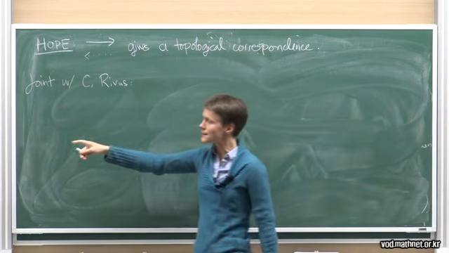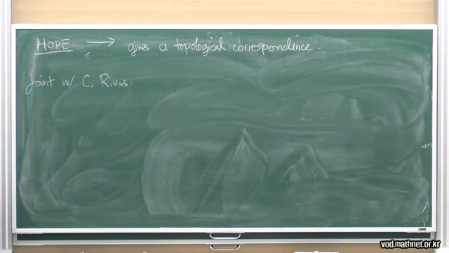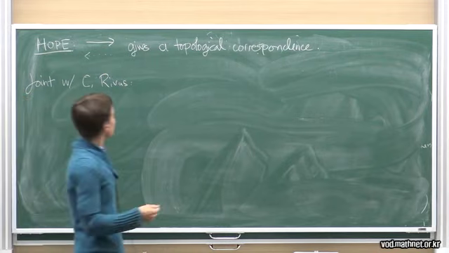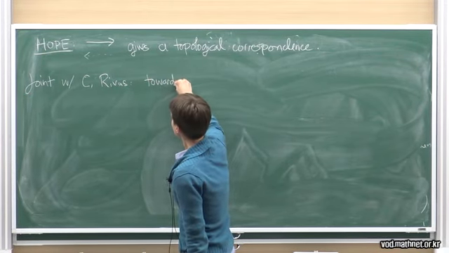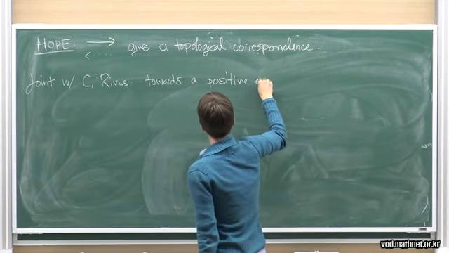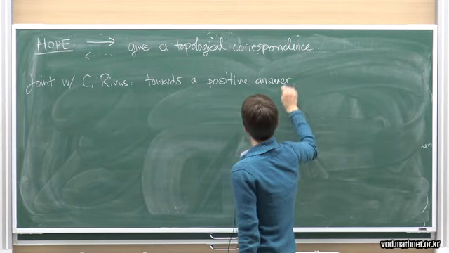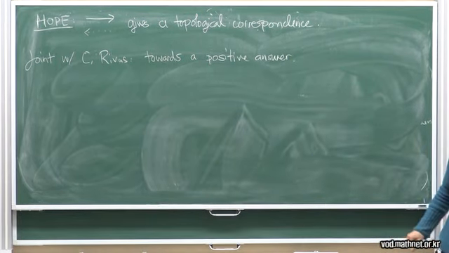Of course, these spaces can't be homeomorphic. This typically has very large connected components. This is totally disconnected. But there's something that you can say. We have precise statements and theorems towards a positive answer to describing this correspondence.